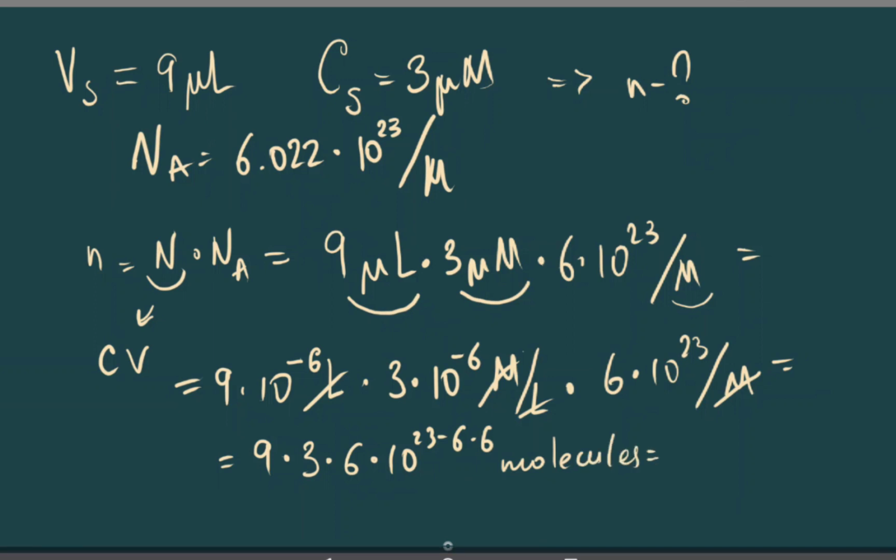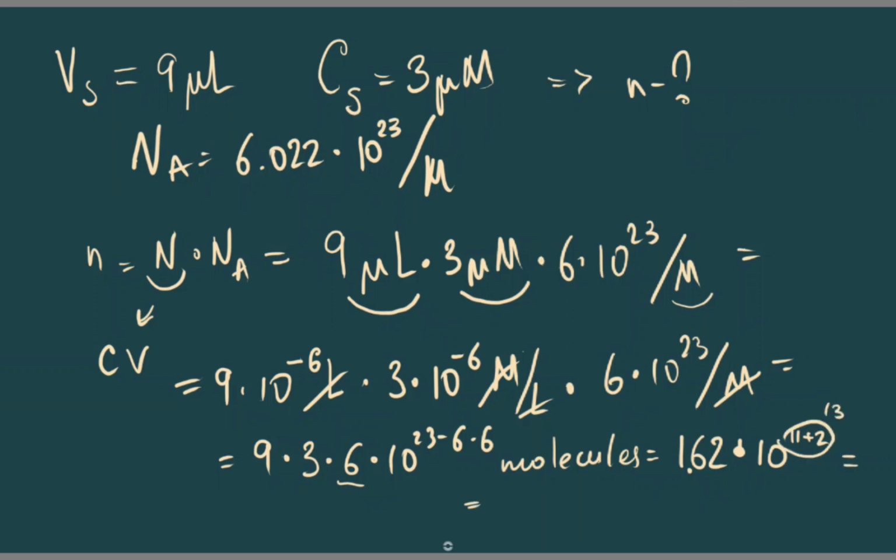And it will be 9 times 3 times 6, it's 162. To represent it in a scientific way, 23 minus 6 minus 6 is 11, and we move the decimal point here, and this will be 13.